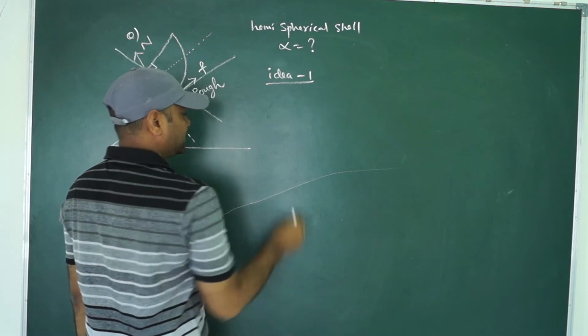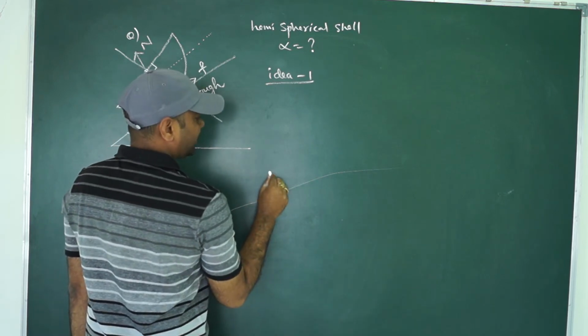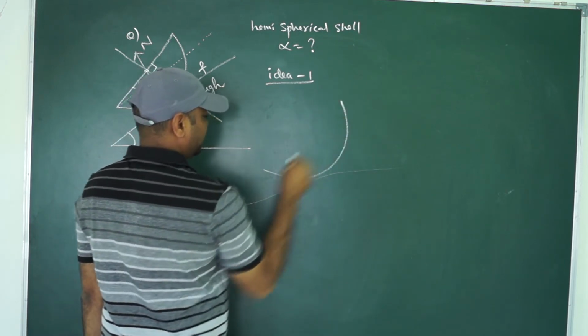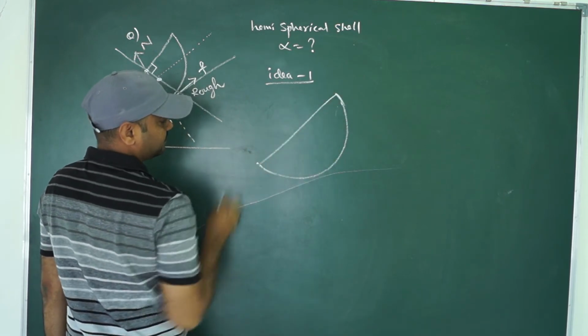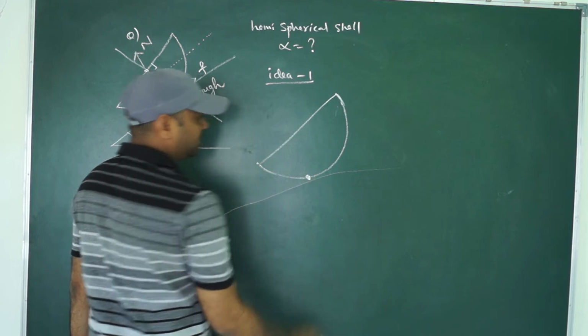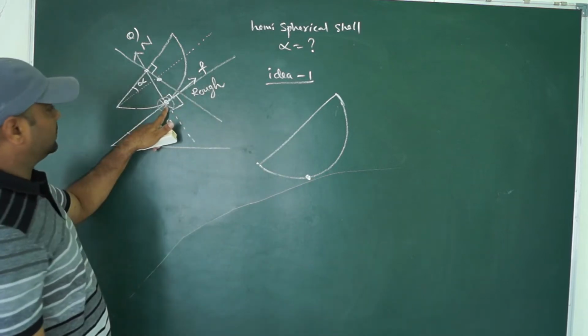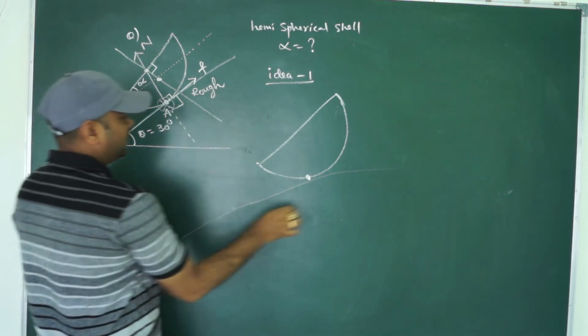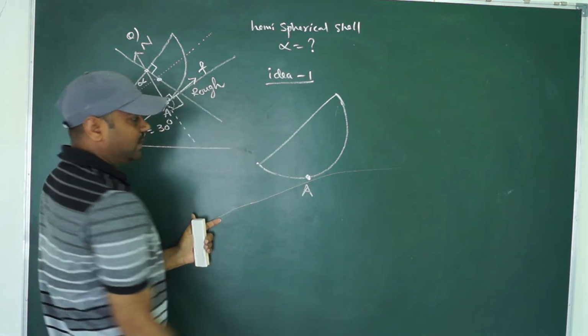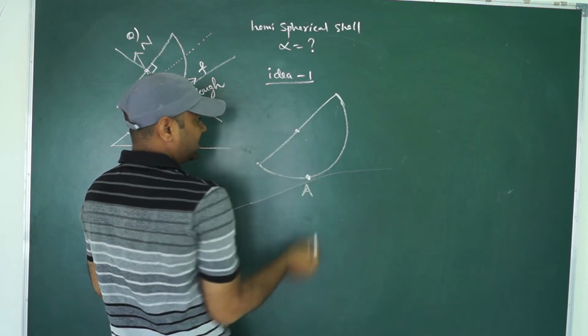The idea one is, see, this is the hemisphere I am taking, something like this. Okay, this is the point of contact with the inclined plane. This point I am talking about. If I am naming it as point A, I am talking about point A. So this is the center of the sphere.